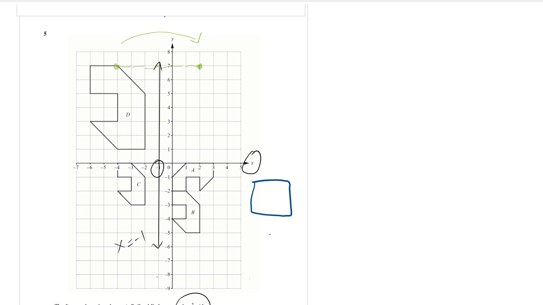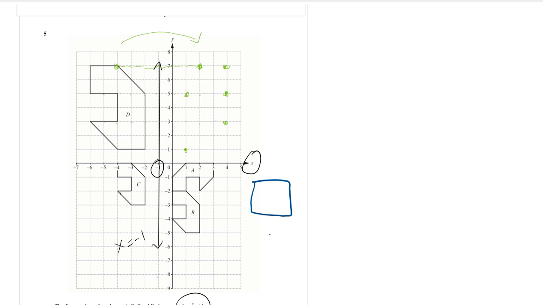This should be this point. Similarly, two more, and this one, 1, 2, 3, 4, 5. This one, 1, 2, 3, 4, 5.